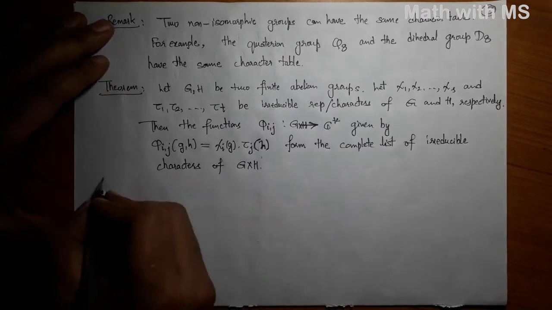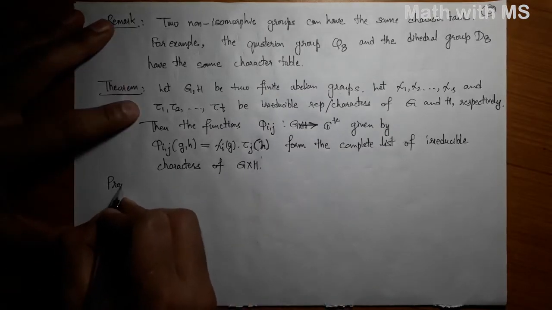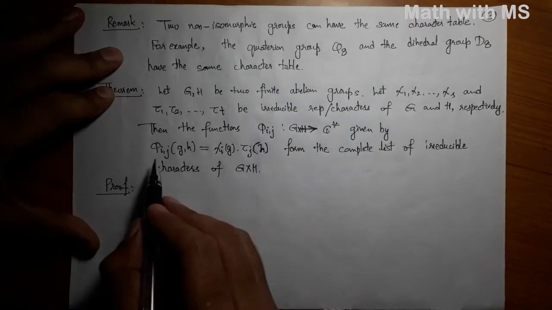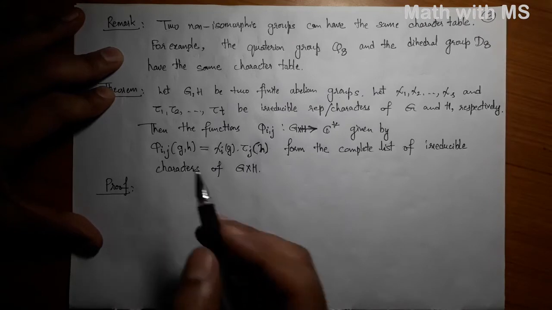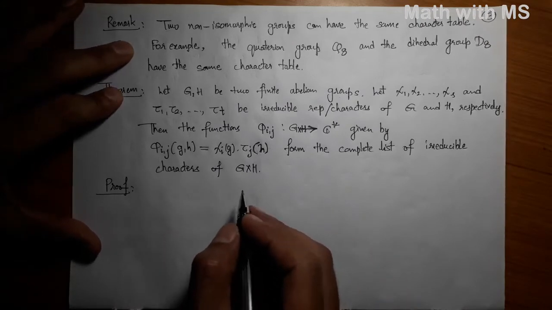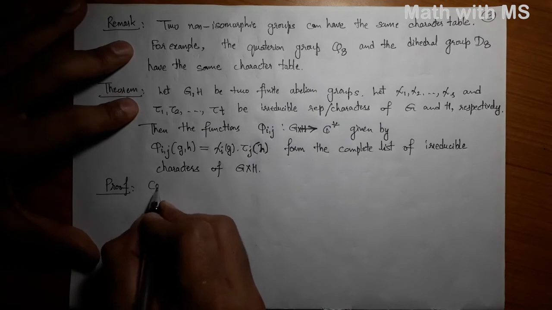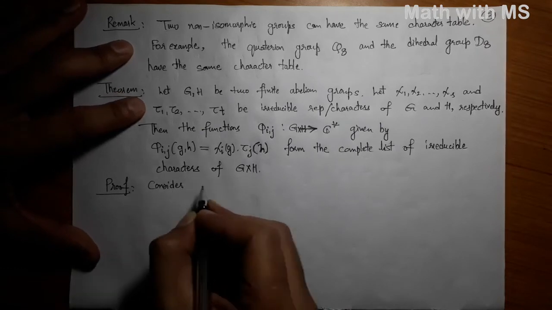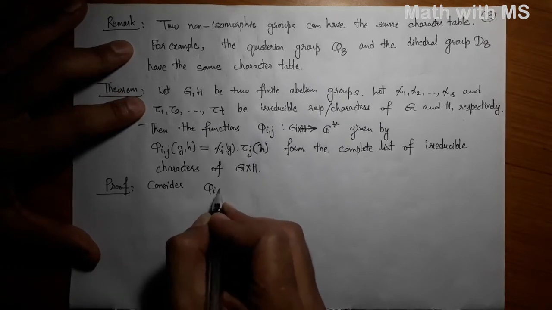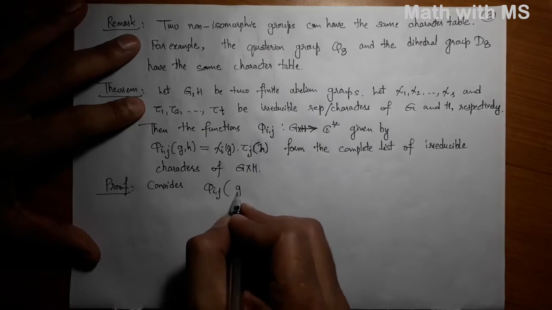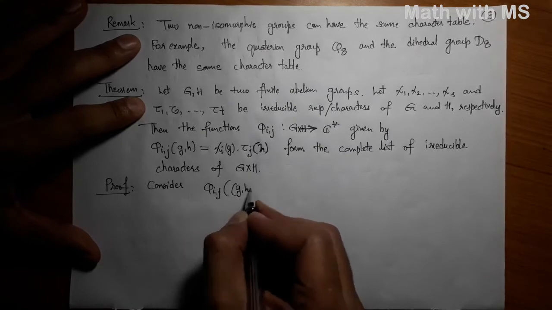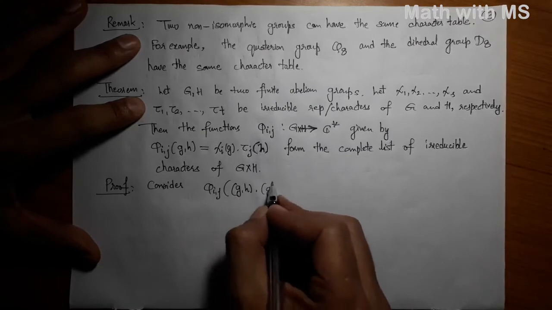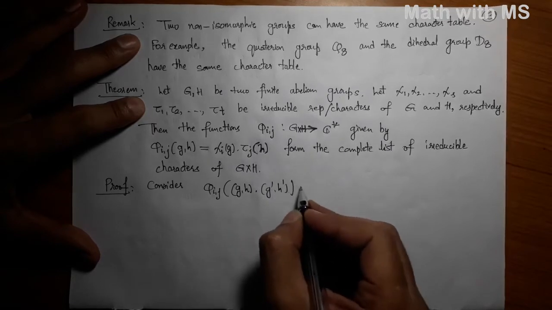So let's prove it. We first show that each phi ij is a group homomorphism. So consider phi ij of (g,h) times (g',h').